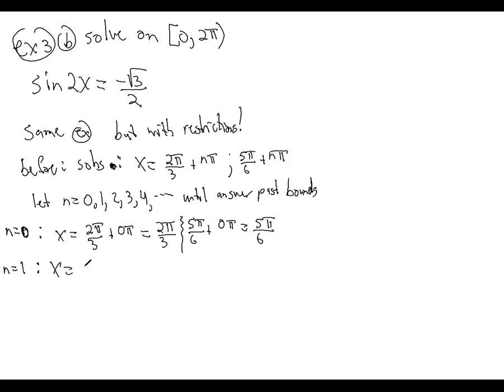So that's x equals 2 pi over 3 plus 1 times pi. Again, the n is now a 1. Getting an LCD, that would be 2 pi over 3 plus 3 pi over 3. 2 plus 3 is 5, so that's 5 pi over 3. Let me box these up as we're going.